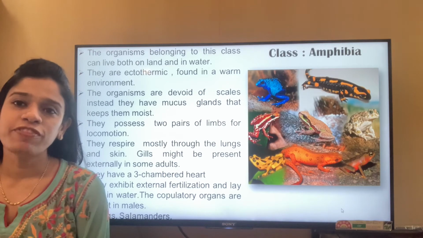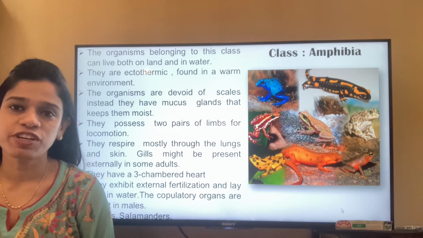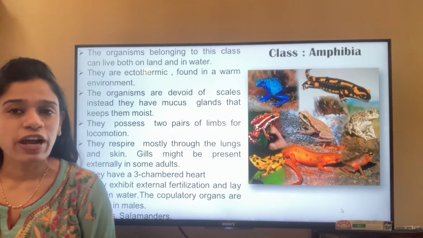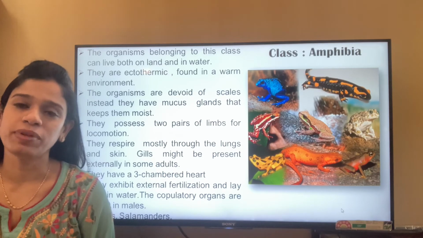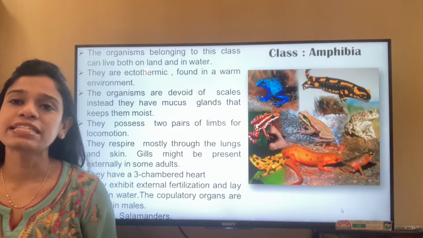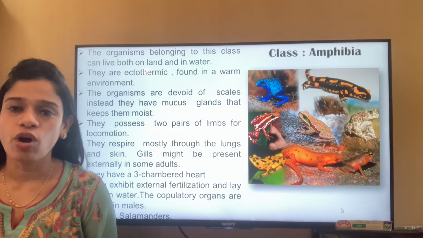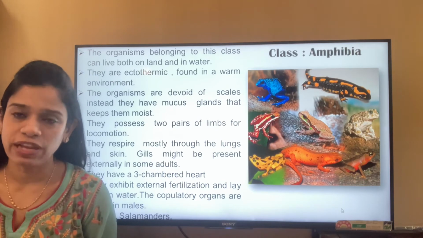Now the class Amphibia, as if you remember when we had talked about the plant classification, we have told that the bryophytes are the amphibians of the plant kingdom or the plant system. So amphibians, the word means, are actually the organisms which can live both in water as well as in land.